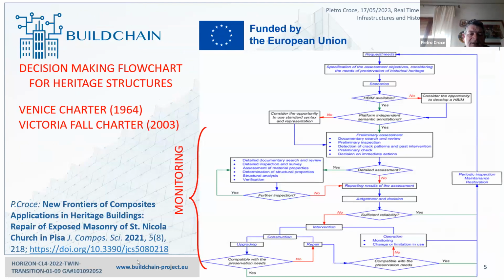Looking at heritage structure, considering the Venice Charter and the Victoria Falls Charter, which is especially devoted to structural study, structural assessment and structural intervention, we can have a very, very complicated decision-making flowchart for heritage structure, where monitoring is a very relevant part.